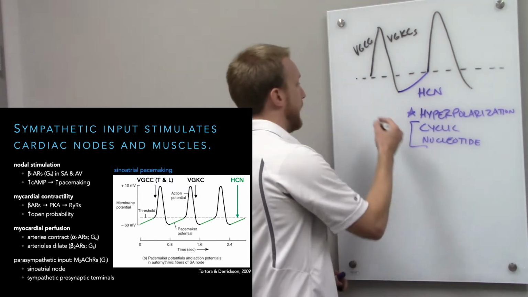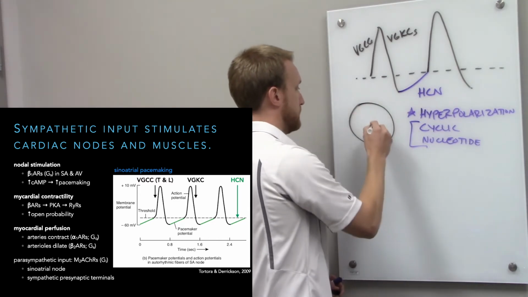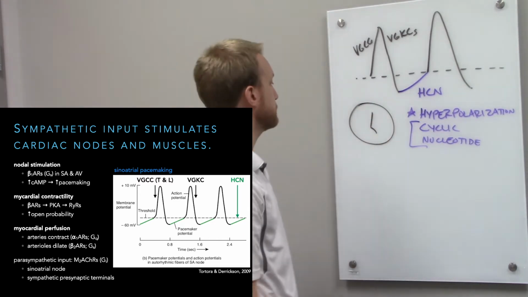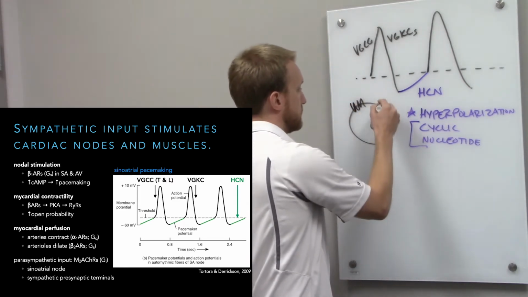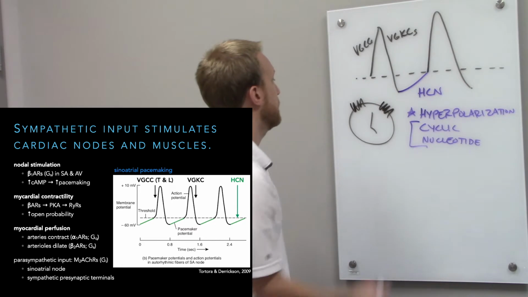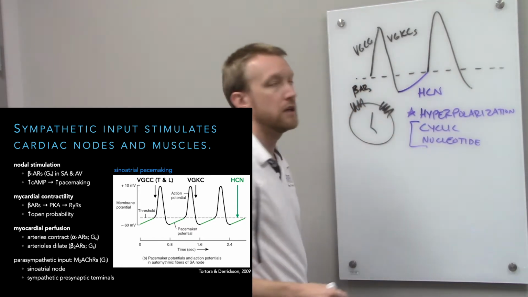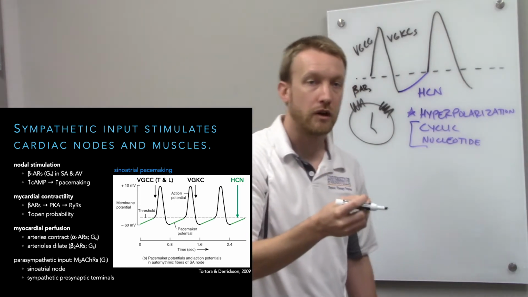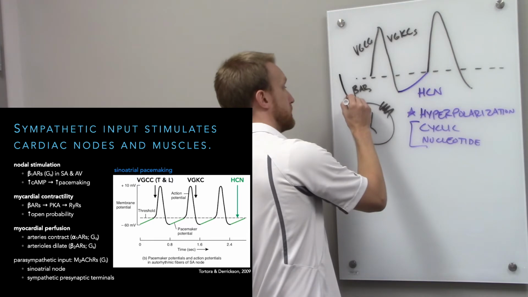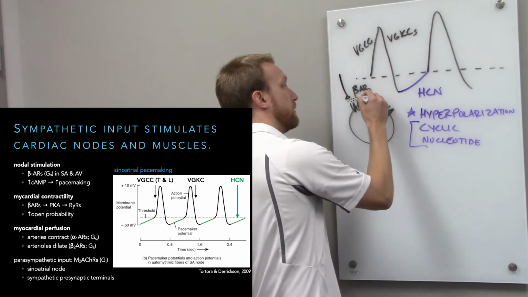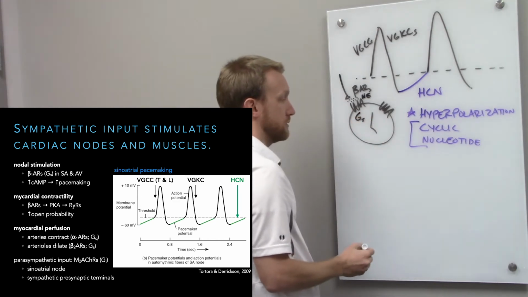Let's consider adrenergic input. So here's my pacemaker cell. Well, there's two types of receptors to think about. I have my beta adrenergic receptors. These get input from sympathetic neurons, of course, that release norepinephrine. Beta adrenergic receptors are GS coupled.